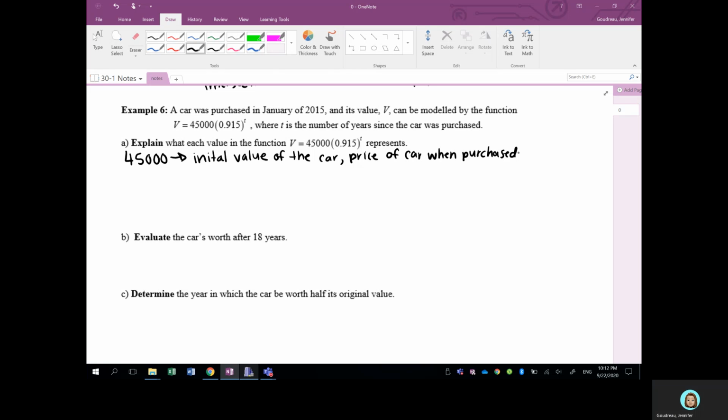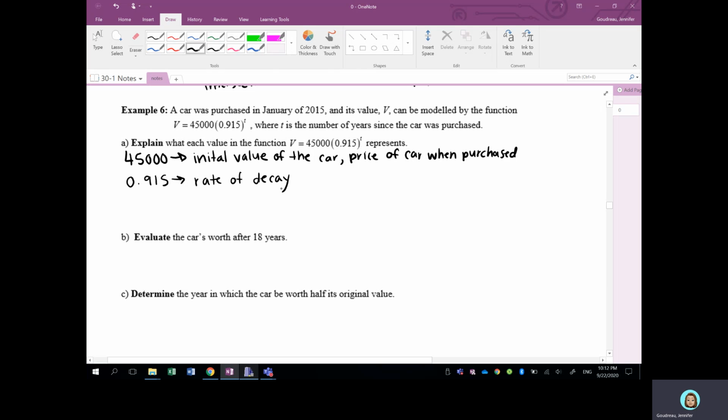The other value in the equation is 0.915, and we know that that is our growth rate or our base, but that's again not specific enough. What I notice first of all is that because that B value is less than 1, I recognize that it is going to be the rate of decay.